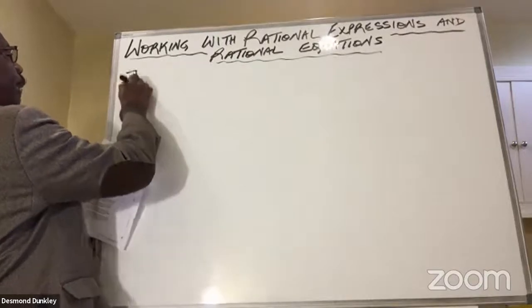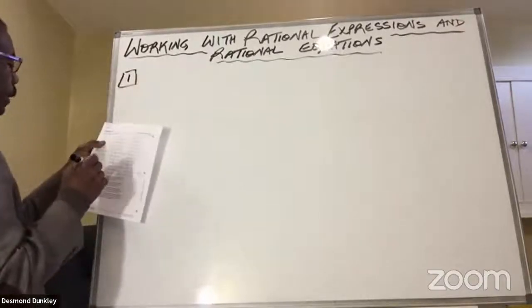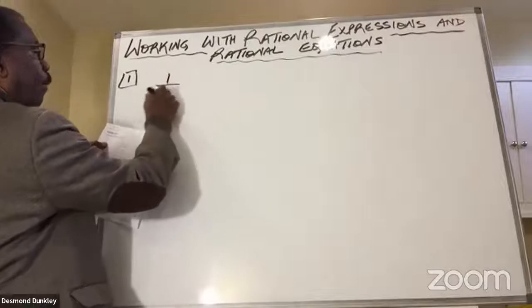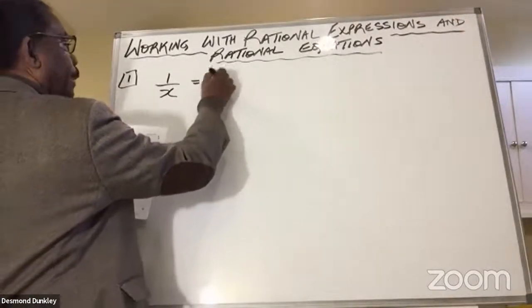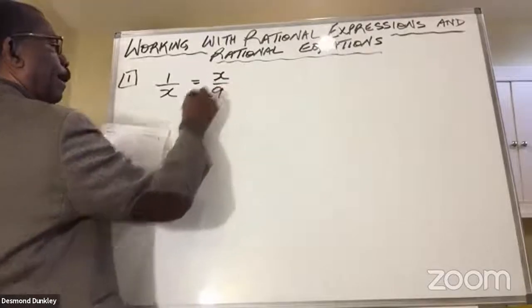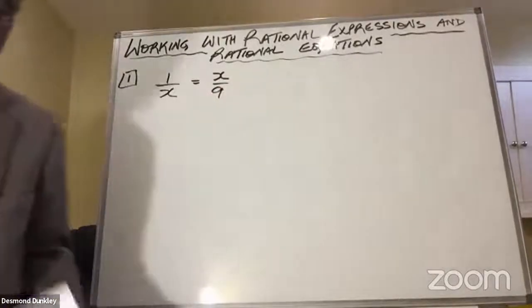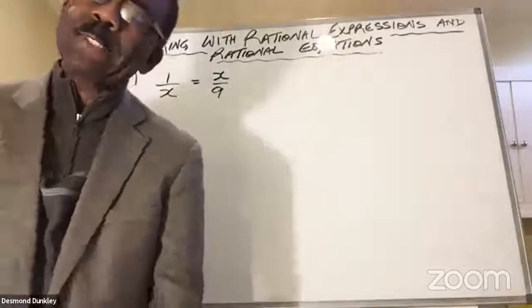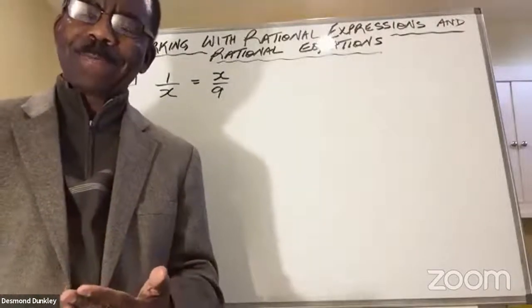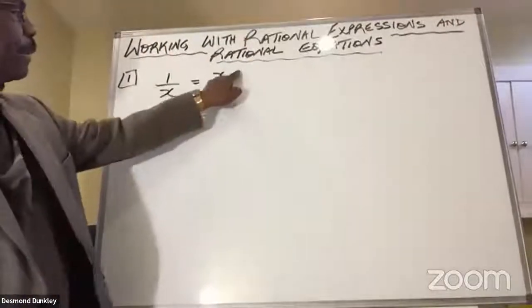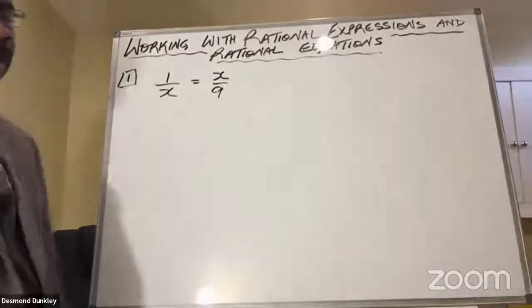So now we're starting afresh. This is solving equations. So if we had 1 over x equal to x over 9. This is a classic example of what many students like to refer to as cross multiply. So you take this and multiply times that, and you take this and multiply times that.